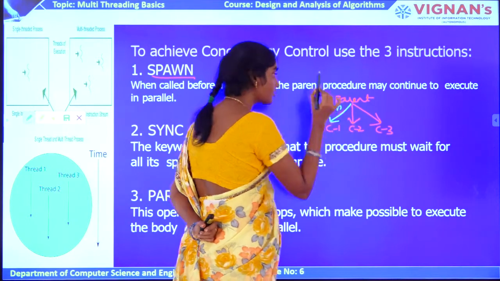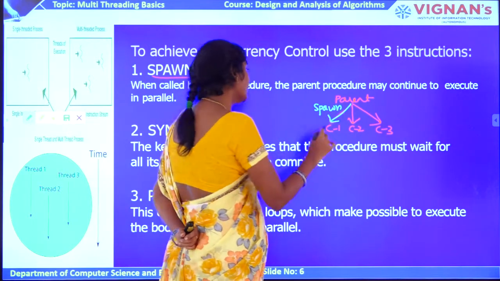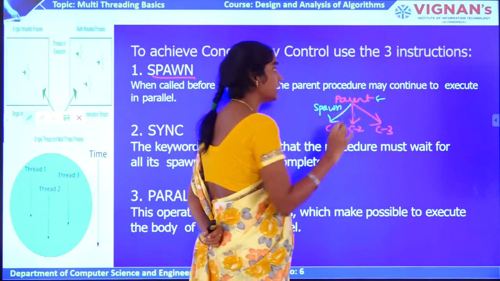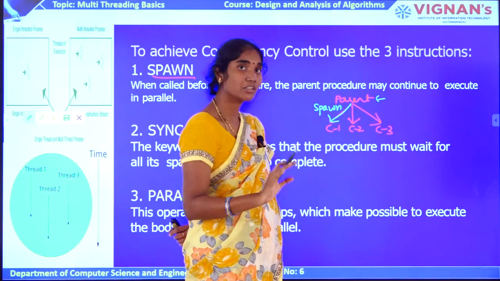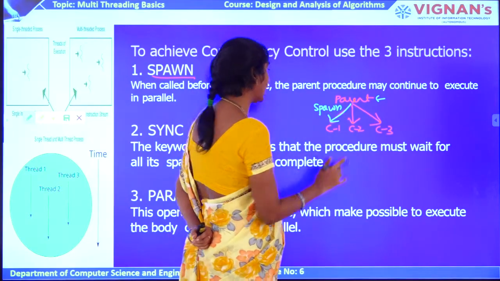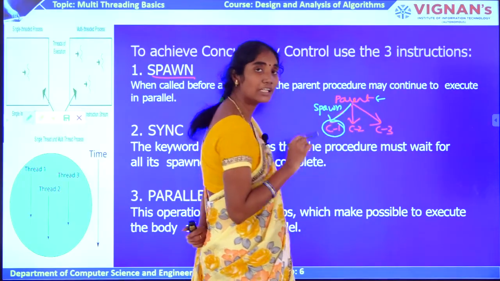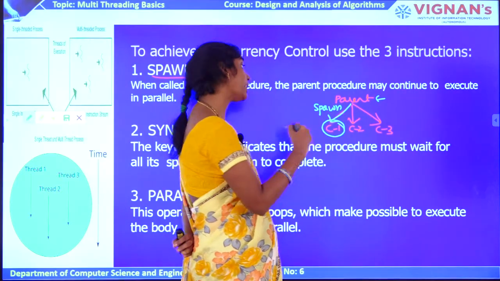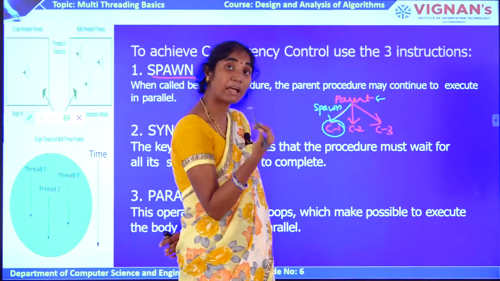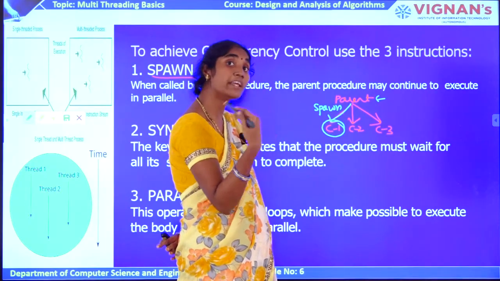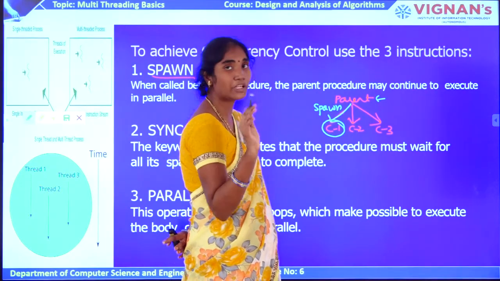What happens is, this parent node need not wait until the whole execution of this child 1. It may run parallelly, and it may execute any other operations also.